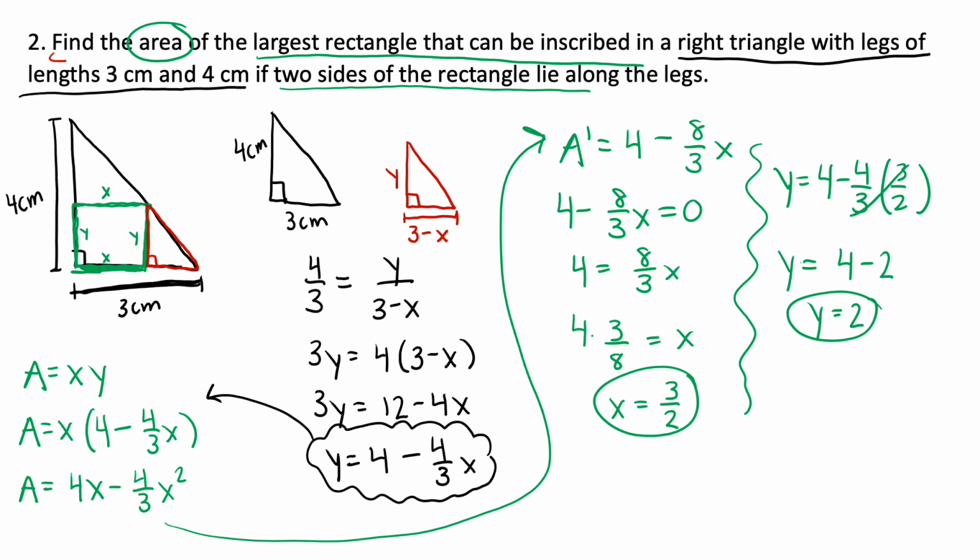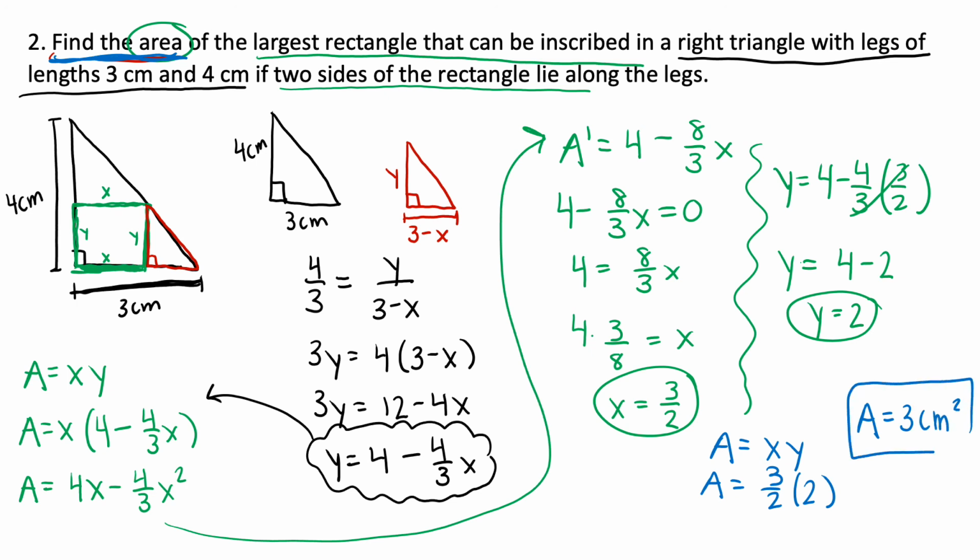Our goal is to find the area, so our area is just x times y. So area would be 3/2 times 2. So the area of our rectangle, the largest possible rectangle inscribed in this right triangle, would be 3 centimeters squared.